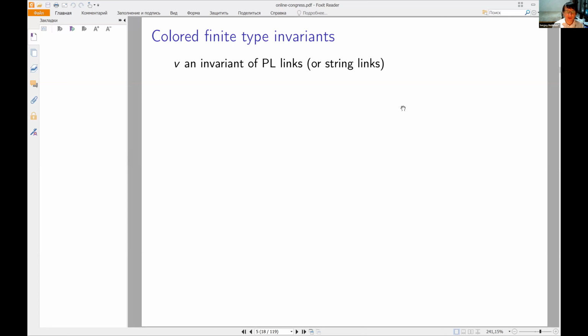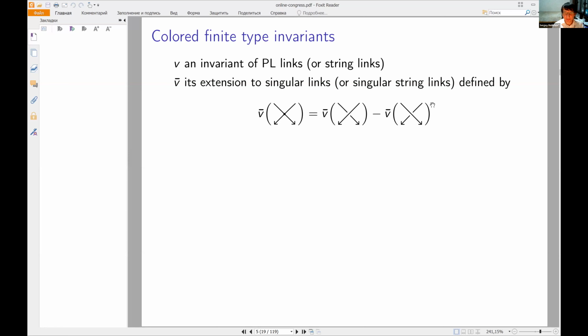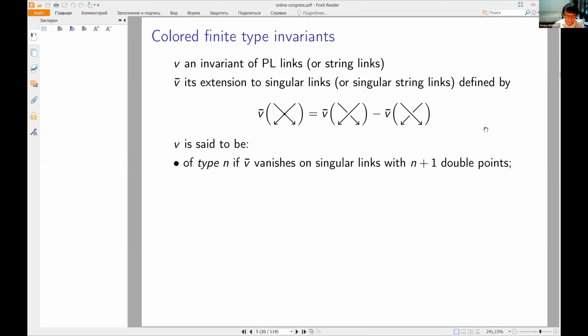colored. So we start from an invariant V of piecewise linear links or string links. We extend it in the usual way to singular links. I hope everyone is familiar with this. So V is defined on links with no double points, and then when we add a double point, we have this formula to define the extension inductively.